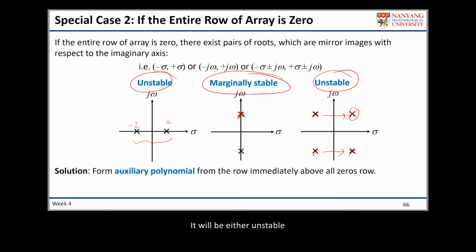It will be either unstable or marginally stable. Now, if you have this special case, you need to treat it differently to solve the Routh array. How to do that? We need help from the auxiliary polynomial. What is that? I will discuss it with you in the next slide.